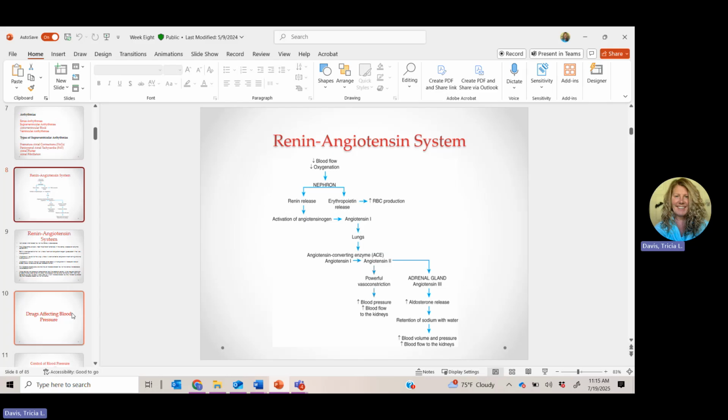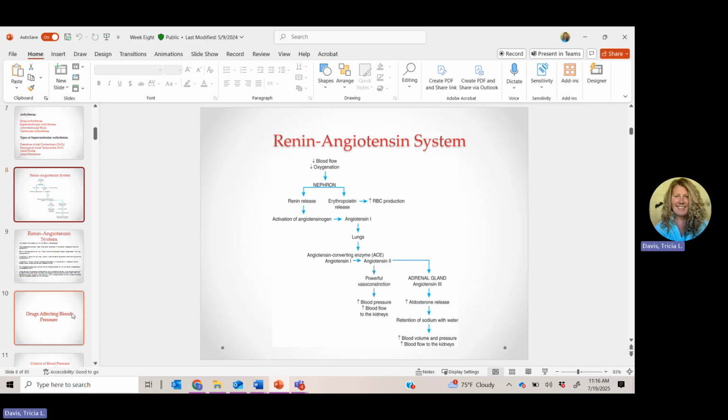So if we close that area down and make it smaller, it's going to make the body seem like we have more blood. So it's going to vasoconstrict everything, and this is going to increase our blood pressure and increase the blood flow to the kidneys.